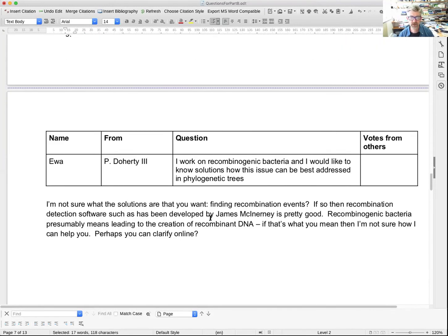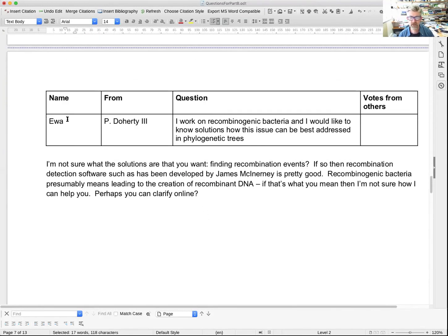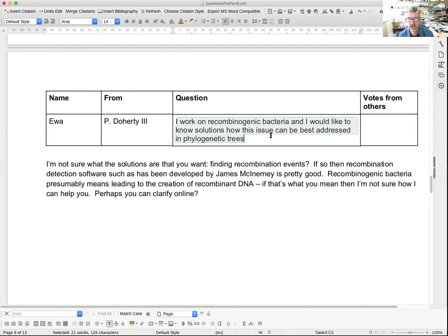The next question, I've got something to correspond to, is from Eva, and the question goes: I work on recombinogenic bacteria, and I would like to know solutions how this issue can be addressed in phylogenetic trees. I'm actually not sure what the issue is. If it's finding recombination events, then we've sort of discussed that a little bit. And that software I mentioned by James is pretty good for that.